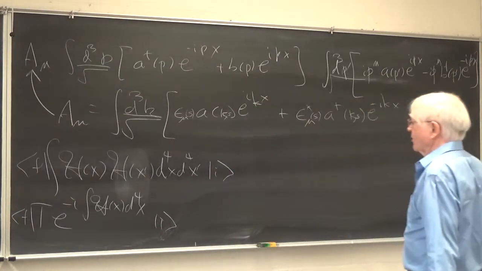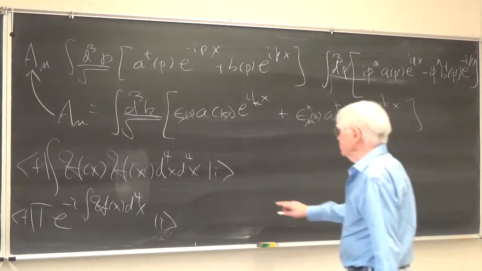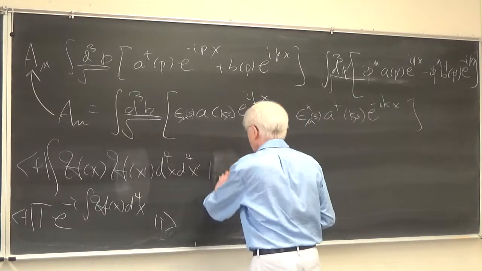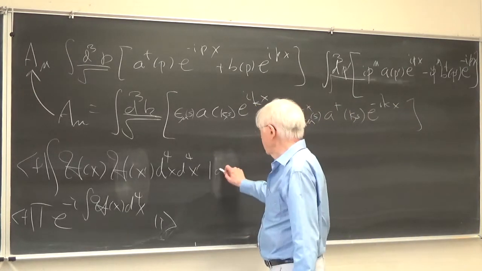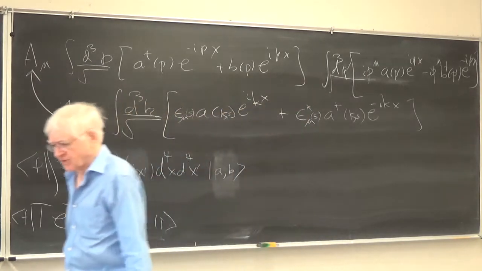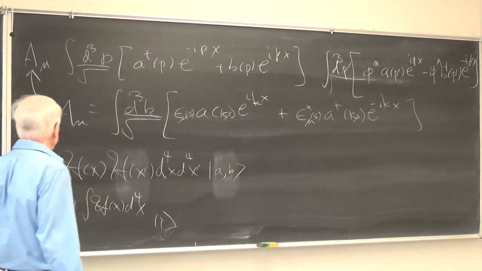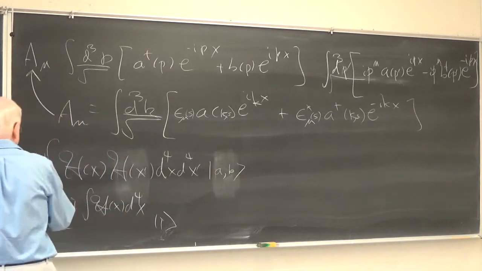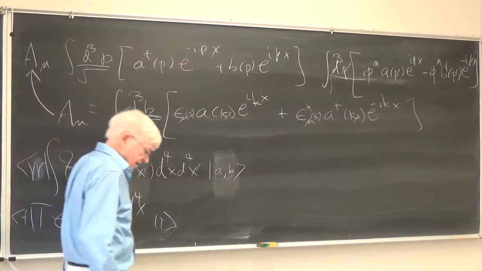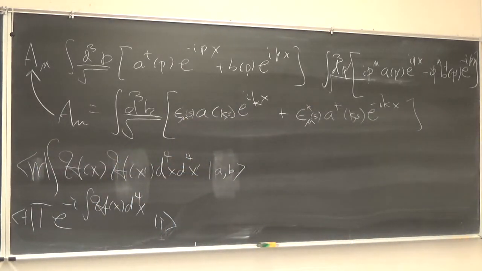All right, now how does this look? Well, suppose you have an initial state here that contains an A particle and a B particle, which we're interpreting as a particle and an antiparticle. What can happen? Well, you can have a non-zero probability of the final state being two photons.